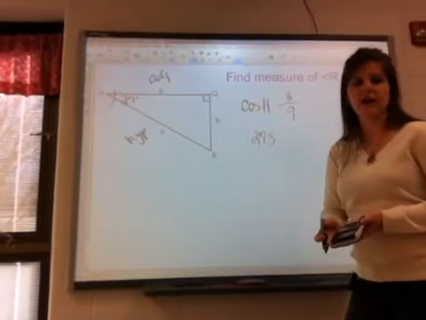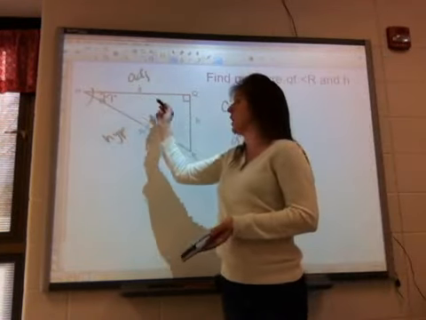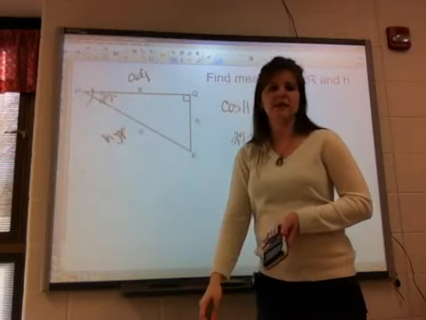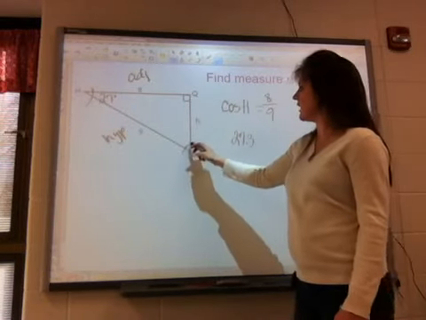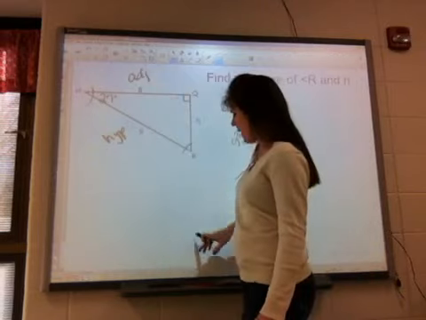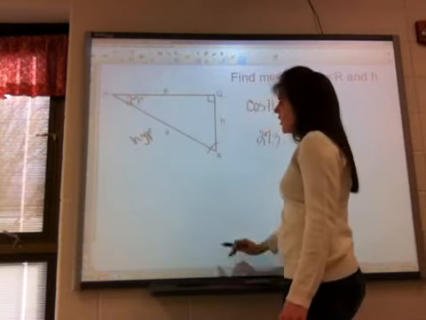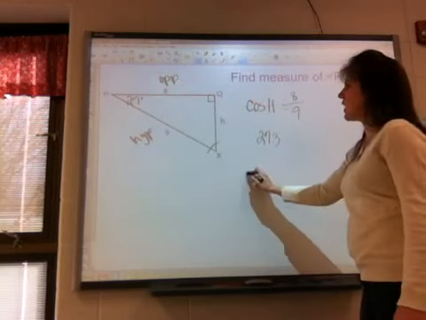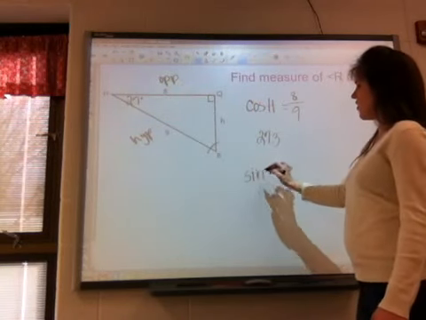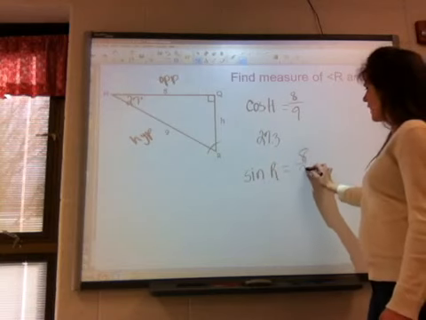Now I can easily find angle R several different ways. I can do 180 subtract 90 subtract 27. Or if you want to get fancy, you can stand here and say, okay, I've got the opposite now. My reference angle has changed. So I've got the opposite over the hypotenuse, so I can use sine. So sine of R equals 8 over 9.